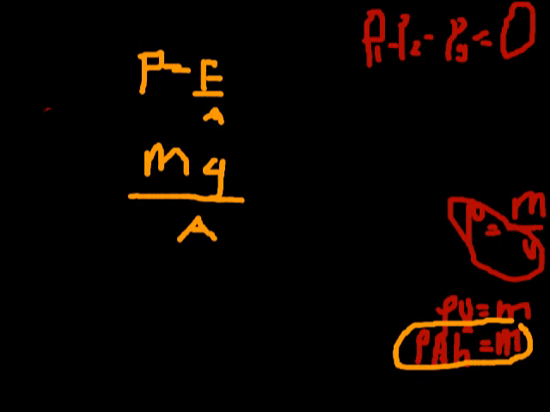And the areas will cancel out, because this mass equals the density of the liquid times the cross-sectional area times the height. This height, I shouldn't call it height, it's just the distance displaced.